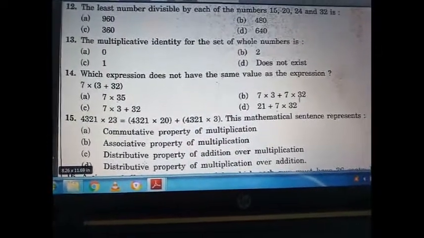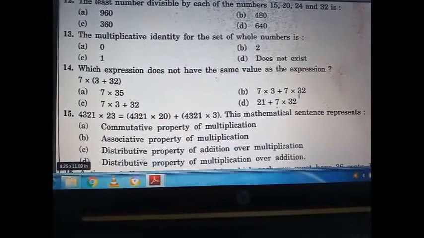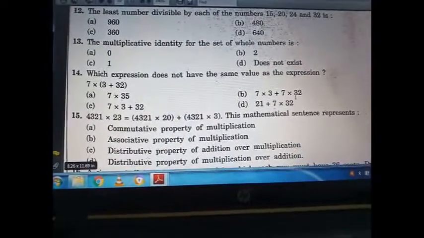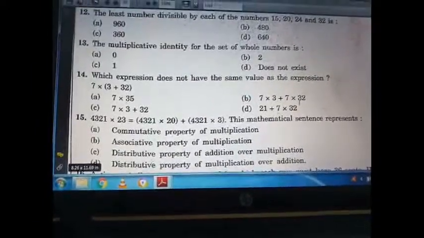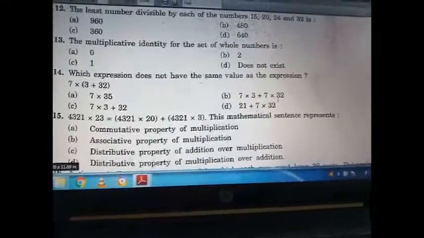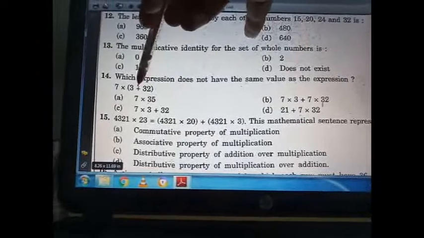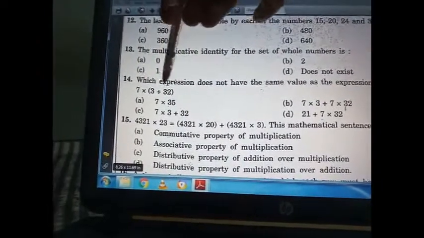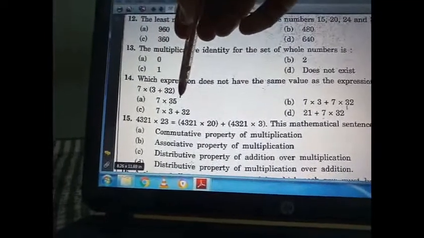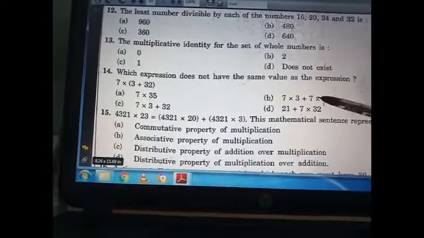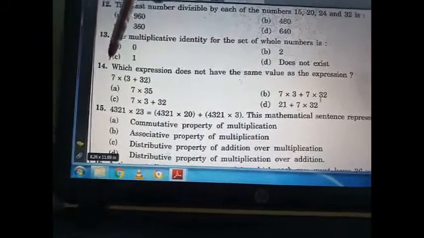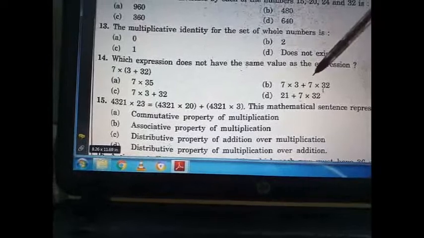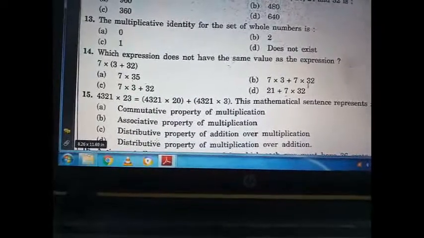Now question number 14, which expression does not have the same value as the expression? You can see that the first option is 7 multiply 35. According to the question, the expression is 7 multiply 3 plus 32. You will add these two, you will get 35, and 7 multiply 35 will be equal to this. Now here if you solve 7 multiply 3 plus 7 multiply 32, this will also give the same result.